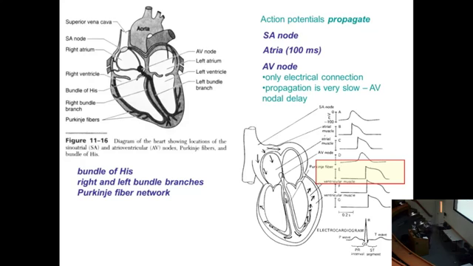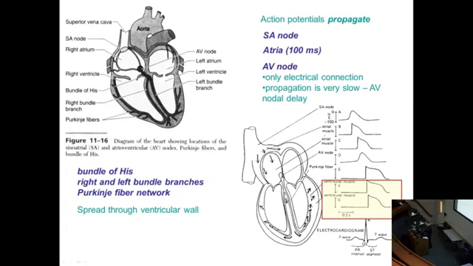And it propagates very rapidly out and around, and then it spreads gradually through the ventricular wall, from inside to outside, and you can see these action potentials lined up here as we go from inside to outside again during our QRS.